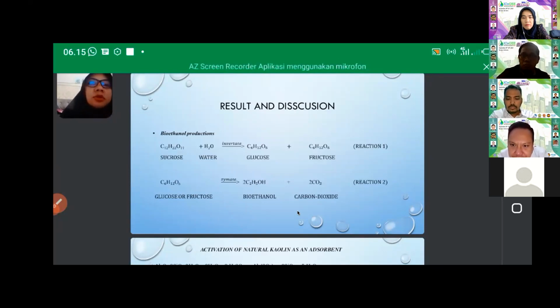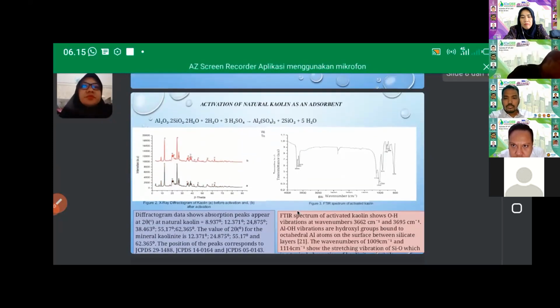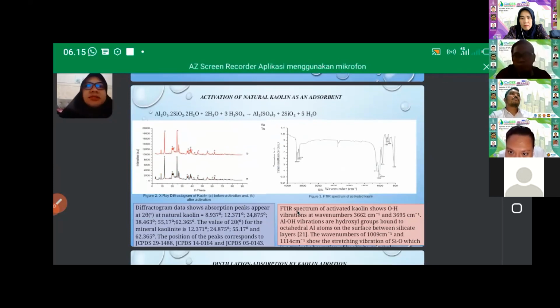Glucose or fructose in the fermentation reaction with diamines results in bioethanol and carbon dioxide. And then the next process is activation of natural kaolin and adsorbate. The results show a reaction for activating natural kaolin.